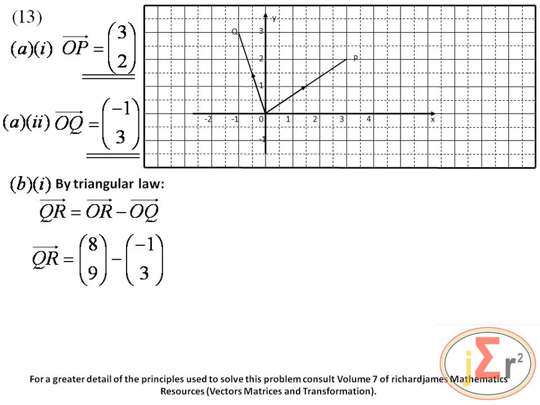So we have (9, 8) minus (-1, 3), which is of course OQ. So 9 plus 1, and 8 minus 3. So we have QR is equal to (10, 5).